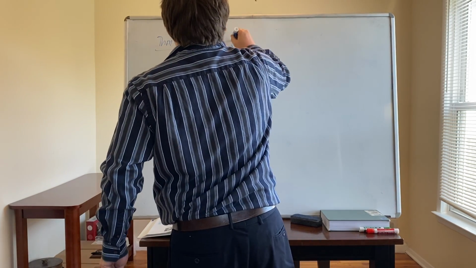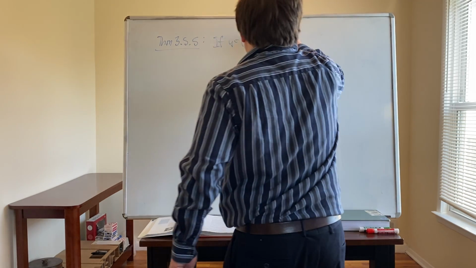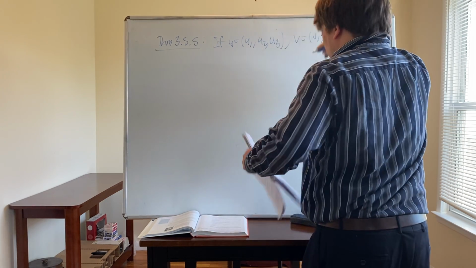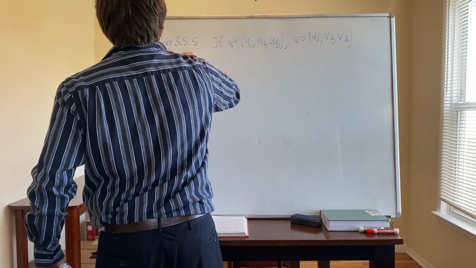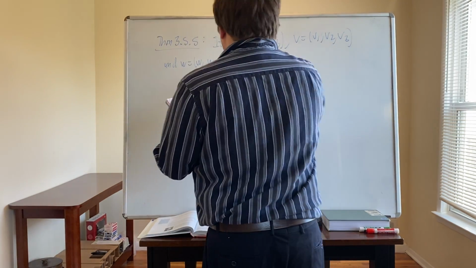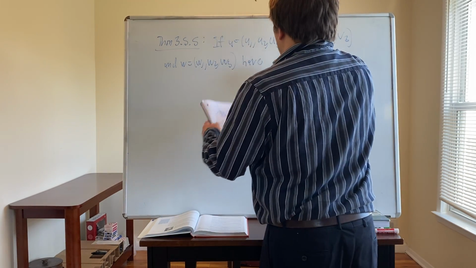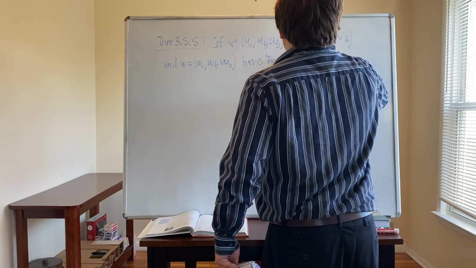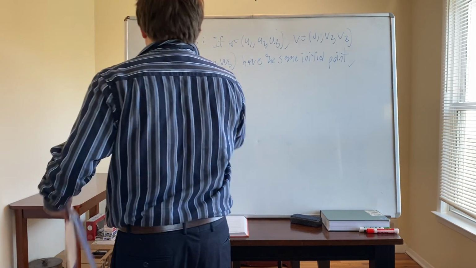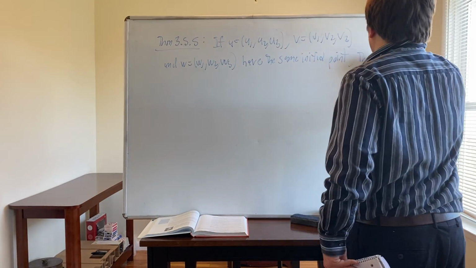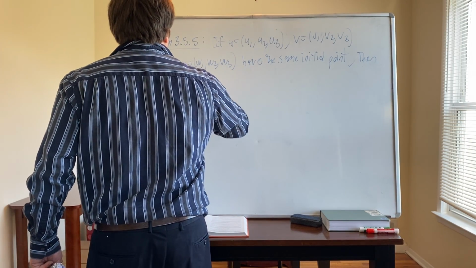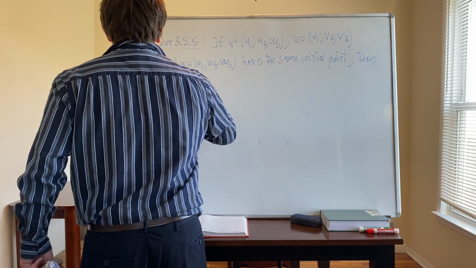If u is this vector, v is this vector, and w is this vector, these are just 3 vectors in 3-space, 3 vectors with 3 real number components. If u, v, and w have the same initial point, then they lie in the same plane.